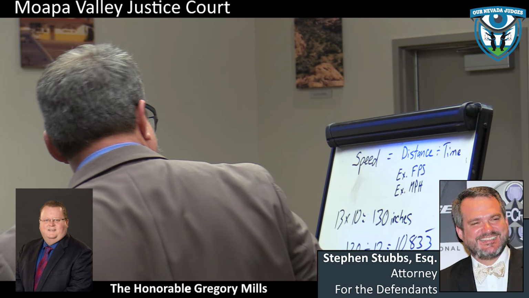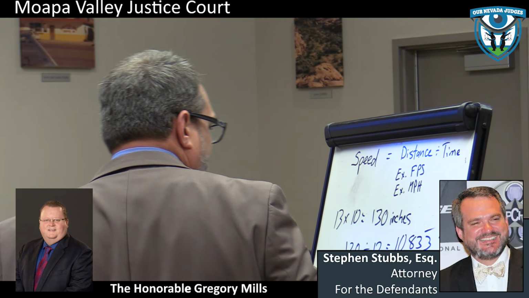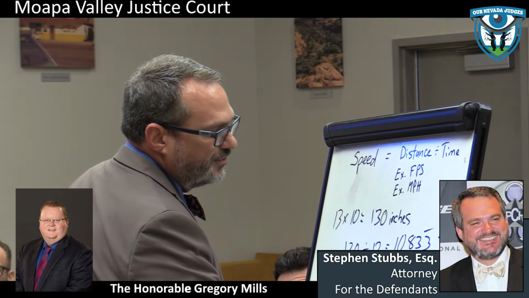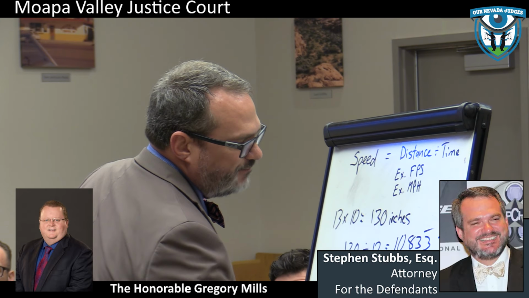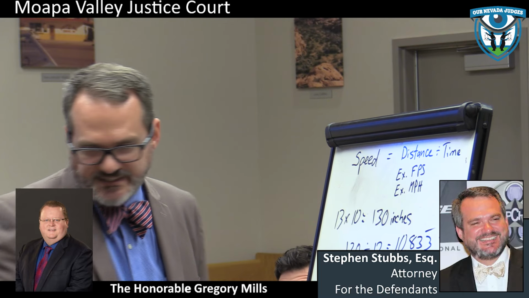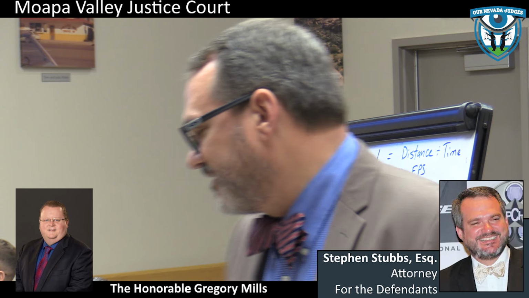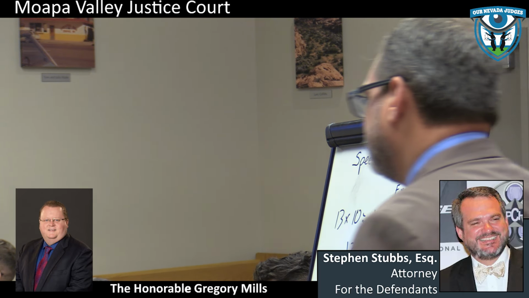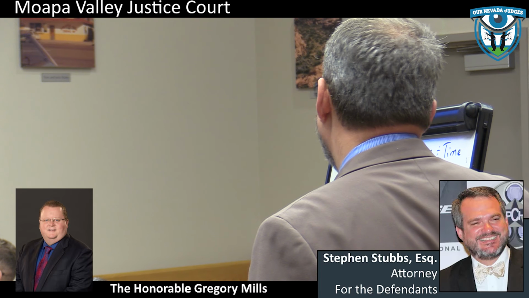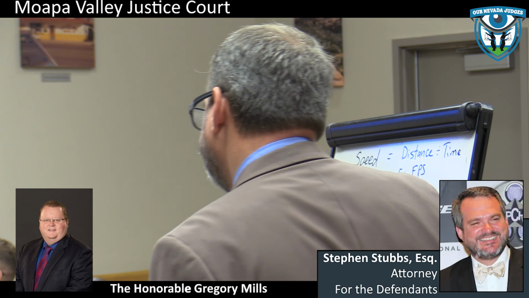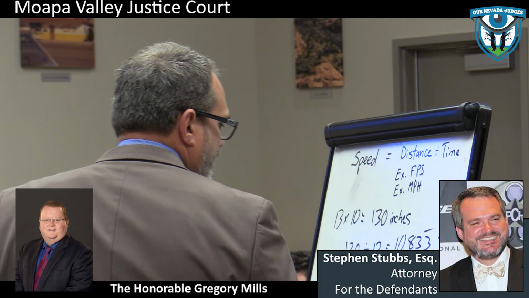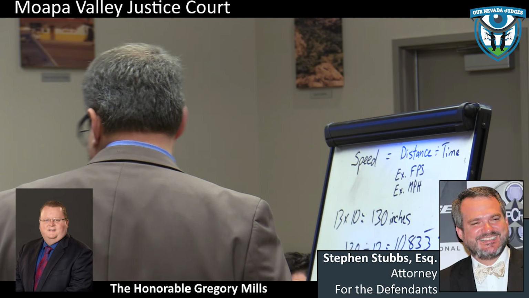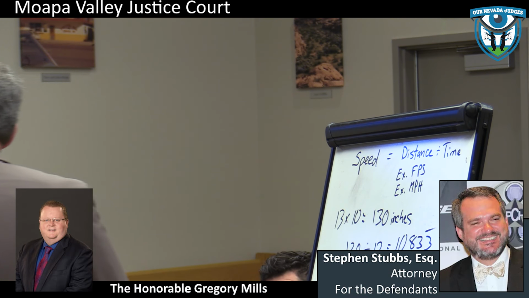So this is 1/6 of a second. To get the feet per second, we would simply multiply this by 6. Could you please multiply 10.83 times 6? 64.9 feet per second.